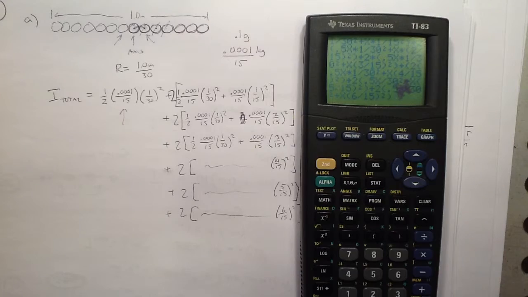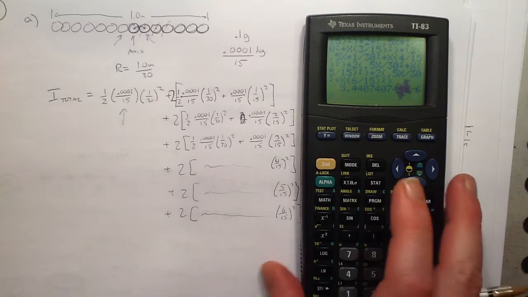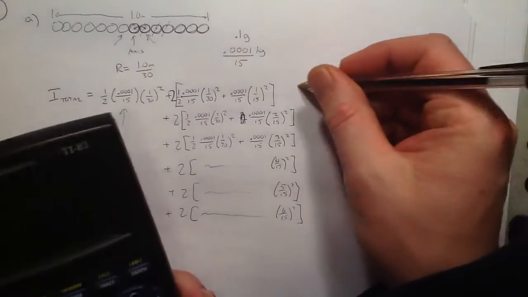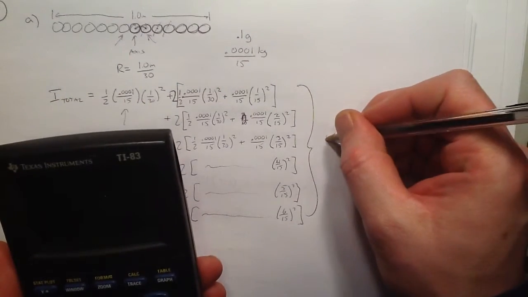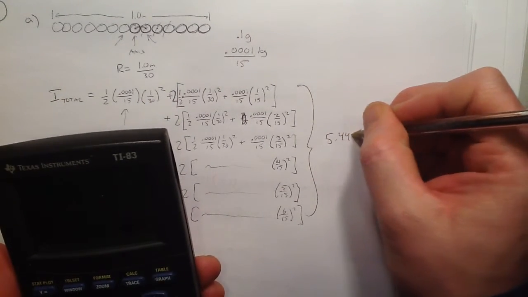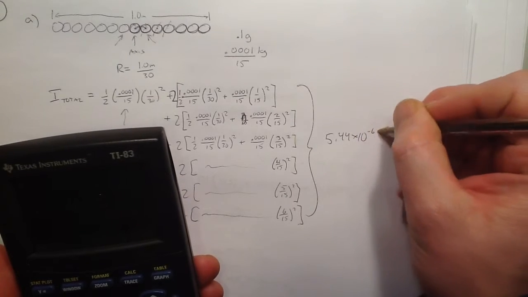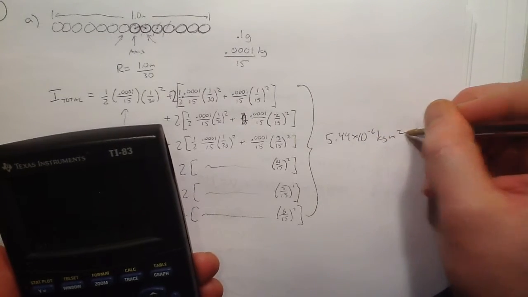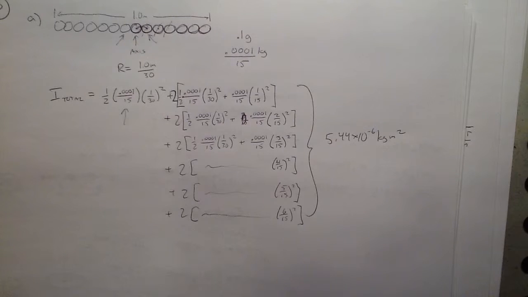I sure hope I got that in there right. All right, and if I've done that correctly, this whole thing is equal to 5.44 times 10 to the negative 6 kilogram meters squared.